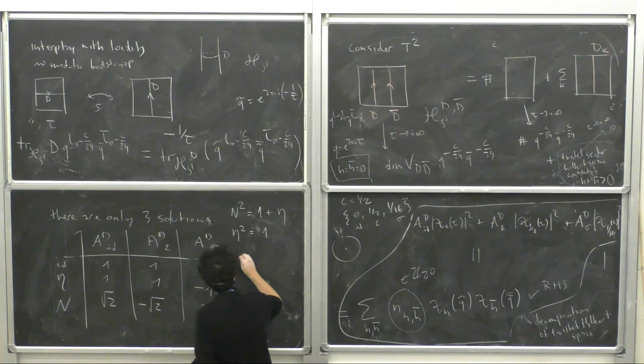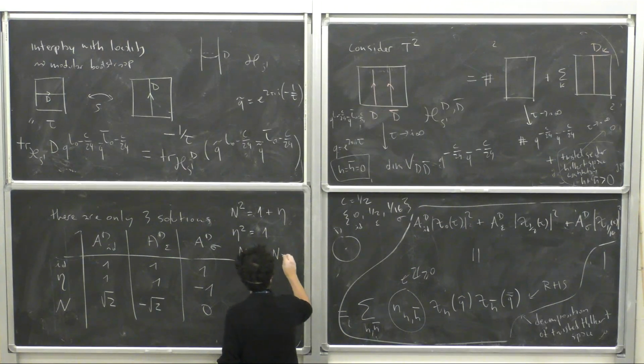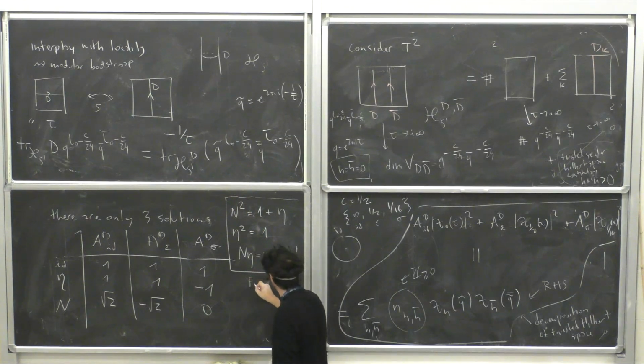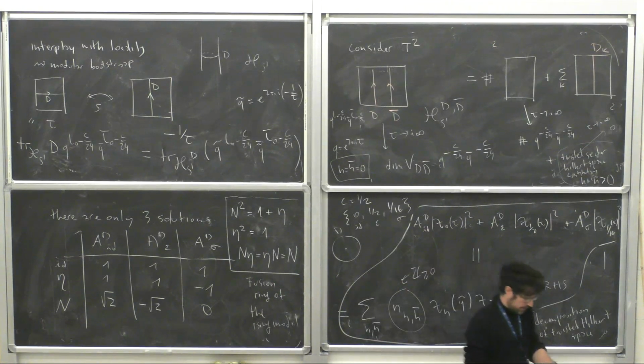And if you throw N against eta, or eta against N, N can absorb the eta line. So this is the fusion ring, and we got it from the modular bootstrap.